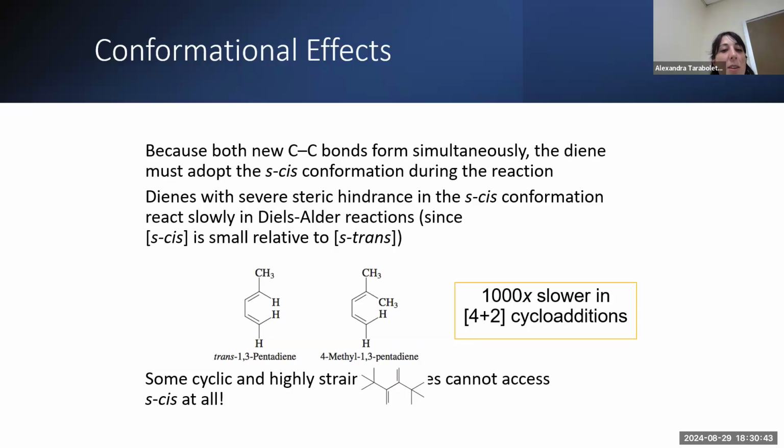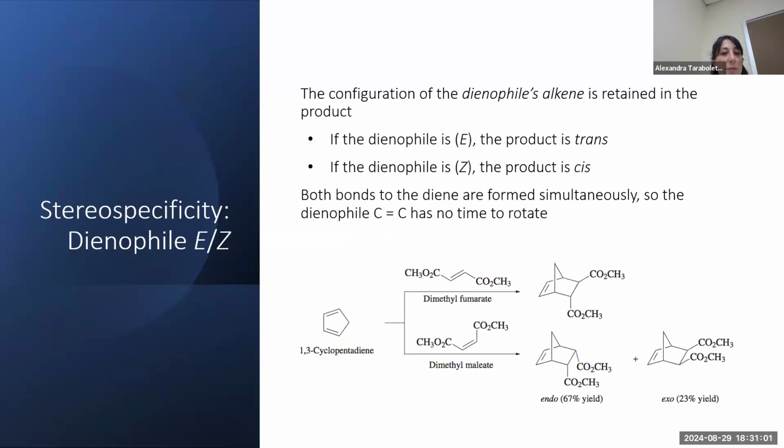This is just showing you, as I noted, about it being in the S-cis configuration versus the S-trans configuration, where it needs to be in this curved configuration to undergo the Diels-Alder reaction.